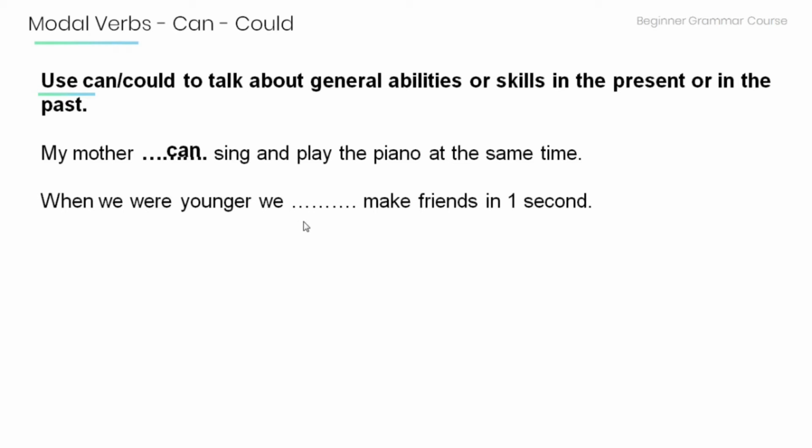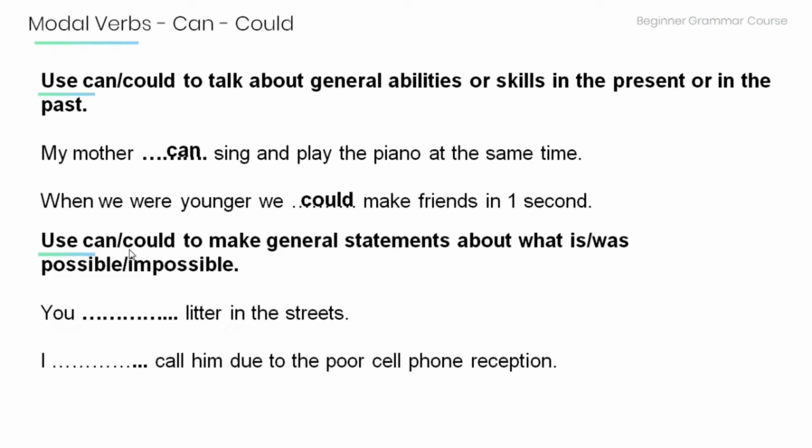When we were younger, we make friends in 1 second. When we were younger, we could make friends in 1 second. Also note that we use can or could to make general statements about what is or was possible or impossible.